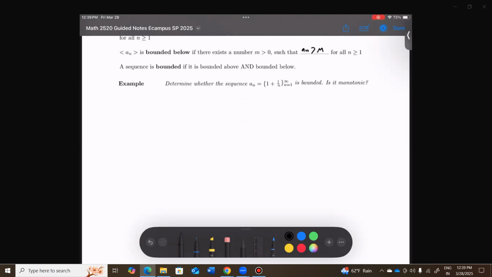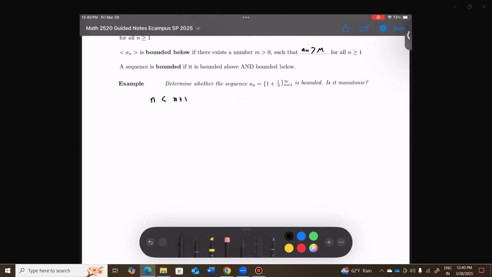Alright, so we want to determine whether the sequence 1 plus 1 over n from 1 to infinity is bounded, and if it's monotonic or not. So here's how we go about doing this. We're going to look at n being less than n plus 1.